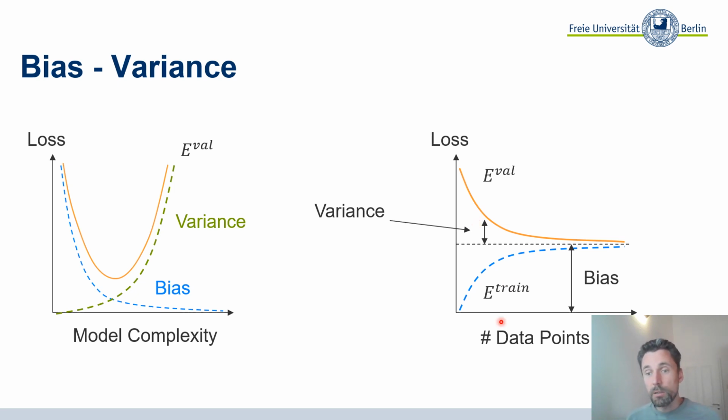But as we increase the number of data points, the model in training can see much more of the underlying problem, and then reaches, in the limit, its capacity. And even if we use a very powerful model in training, it may not be able to reduce this training error to zero, because there is still some irreducible error.